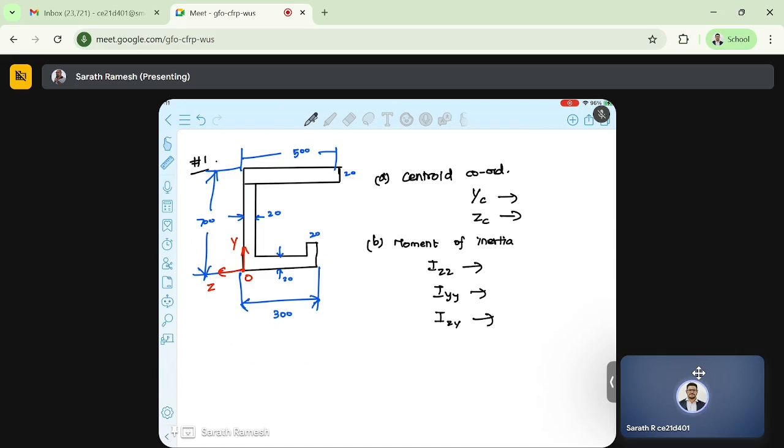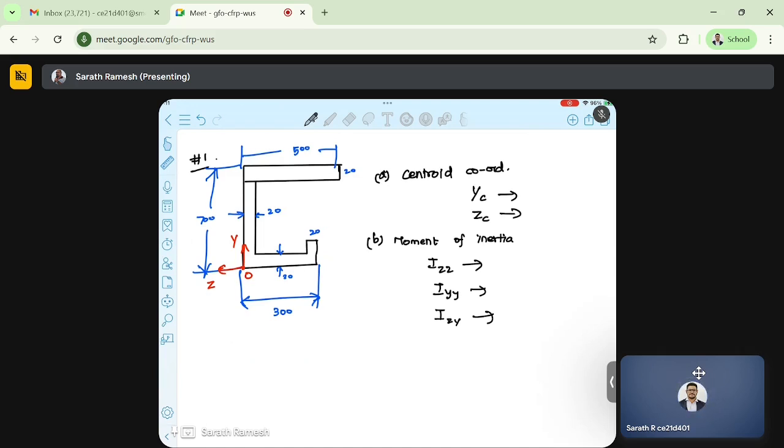So let me start with the centroid. How will we find the centroid? In general, the centroid can be found by taking the moment of individual areas and equating with the moment of the entire area. So I'll write the centroid formula.